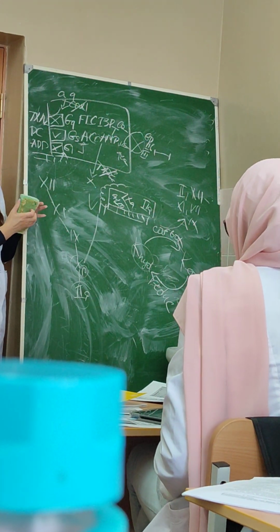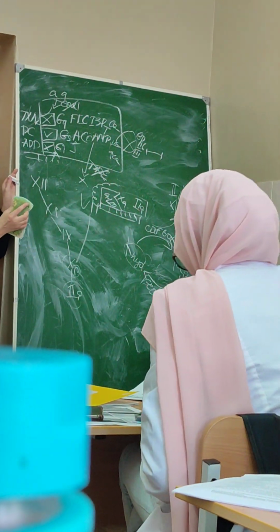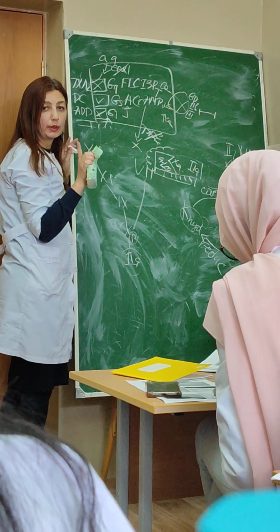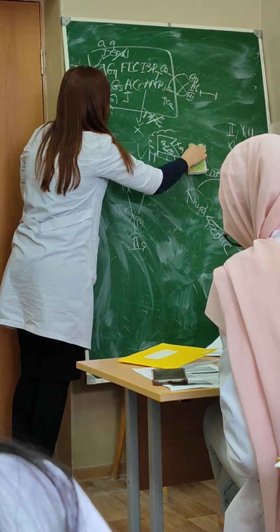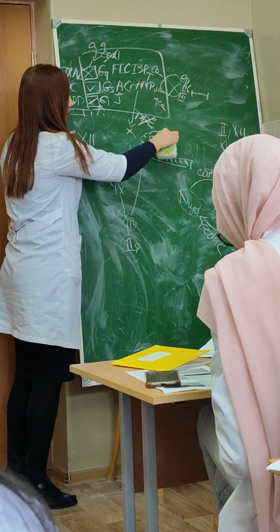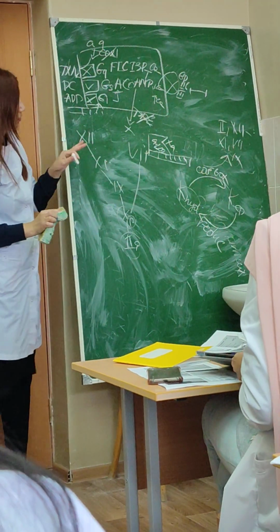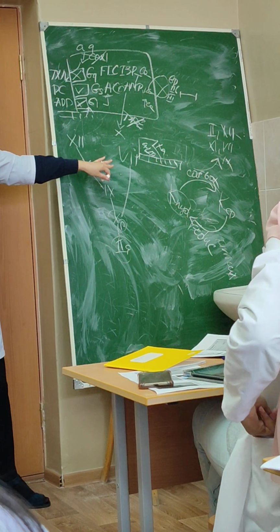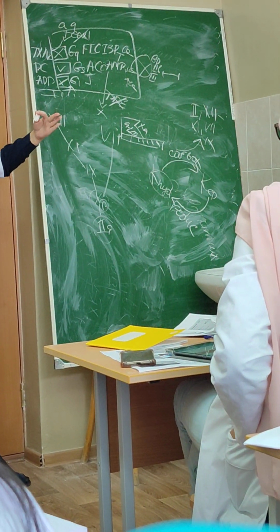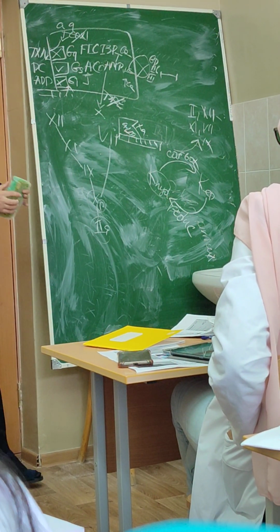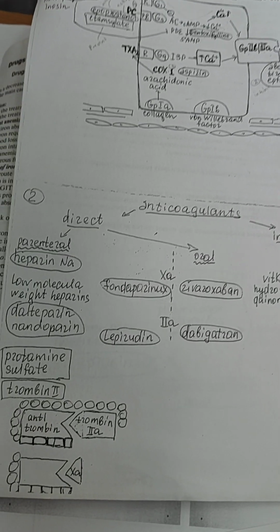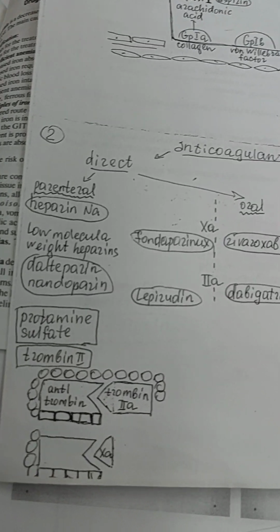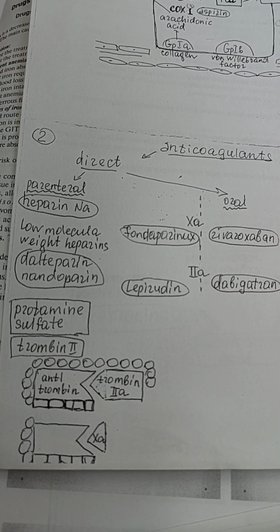And fondaparinux, this drug is not a heparin, but it can bind with antithrombin 3 and bind with factor 10. It doesn't have a tail, only the sugar part. So anticoagulants for parenteral use: heparins, high molecular, low molecular, name the drugs.